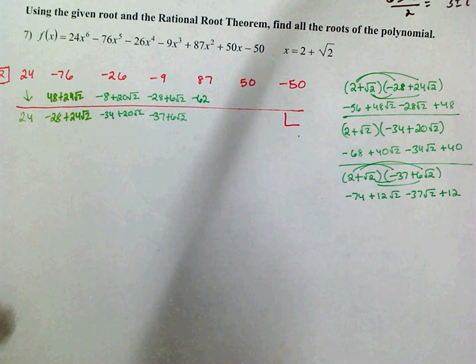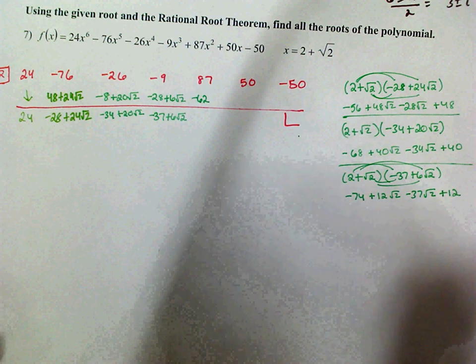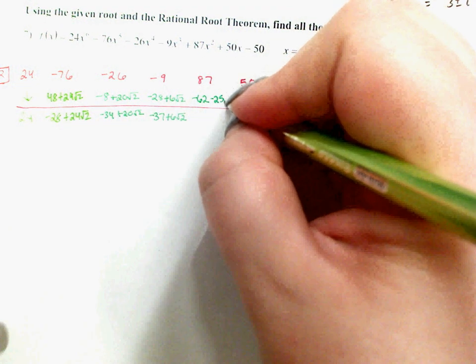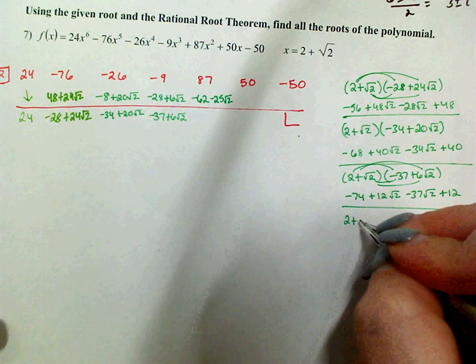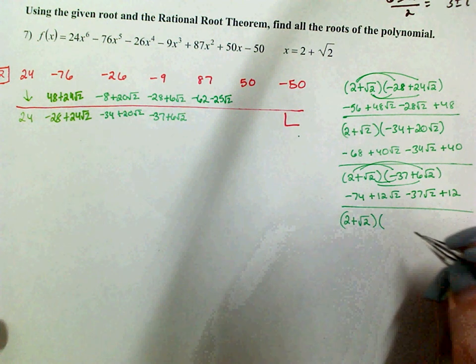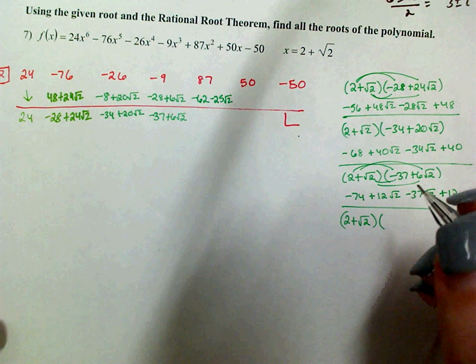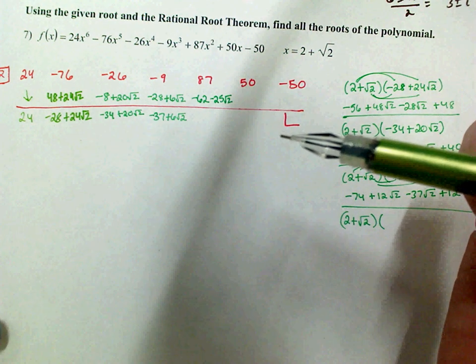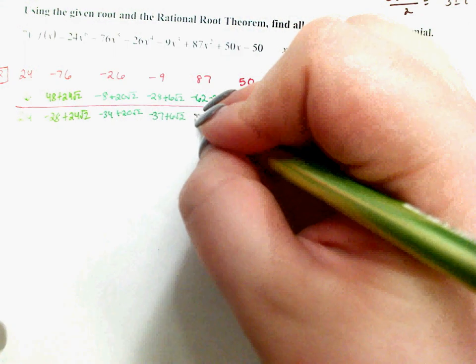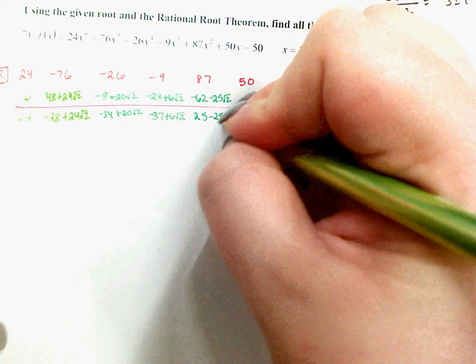All right. 2 plus the square root of 2 times, I gotta add them first. 87 minus 62 is 25, so 25 minus 25 square root of 2. Right? 25 minus 25 square root of 2.